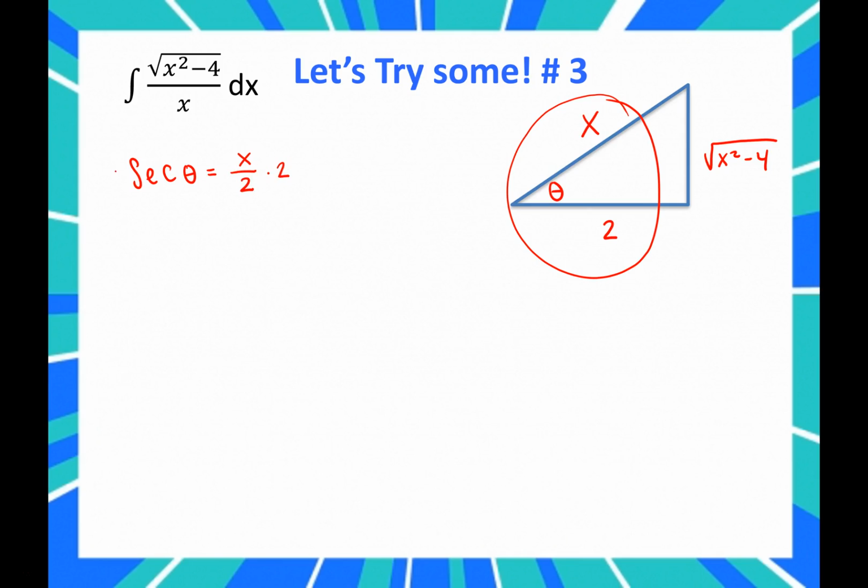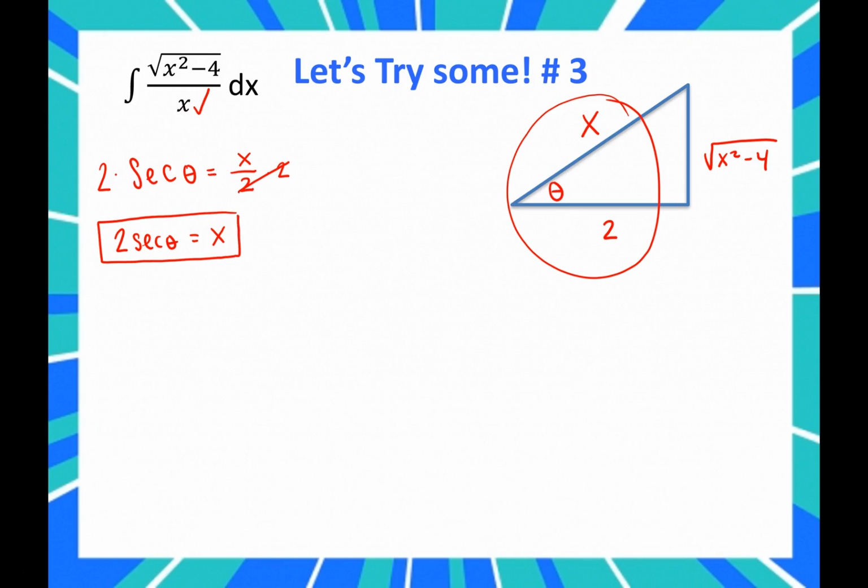Here I'm going to times 2, okay, and that's going to give me 2 secant theta is equal to just plain old x. And do you see how that is just so much simpler in terms of solving for x? So I'm going to box that because we actually have a match with our x right here.